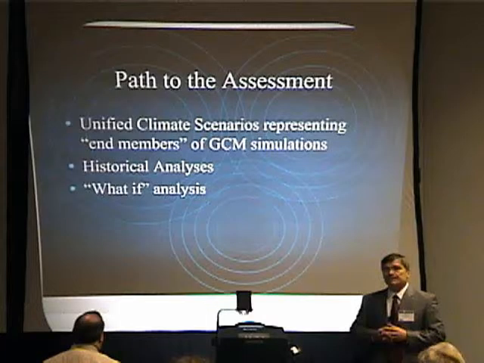This is the path from a climate viewpoint to the national assessment effort and to these regional assessments. First was to select general circulation model studies that all assessment teams would utilize so that we could compare across the country from sector to sector, region to region, exactly what the results were.